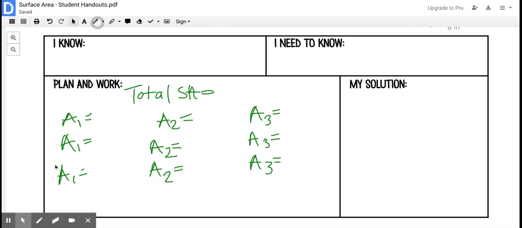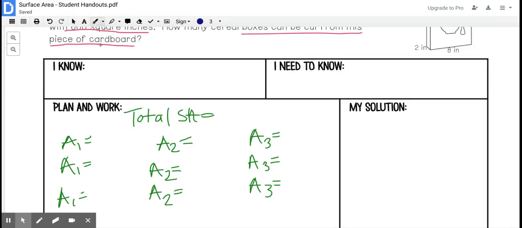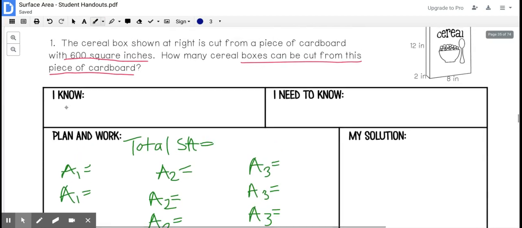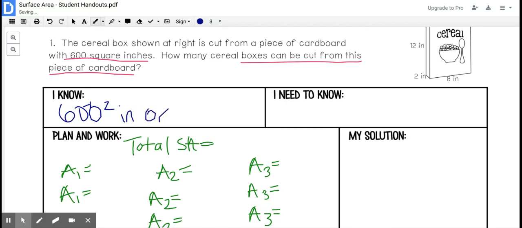and I'll scoot it up a little more so we can see it. We know that this cardboard is 600 square inches. So we have 600 square inches of, and I'm just going to put CB for cardboard.